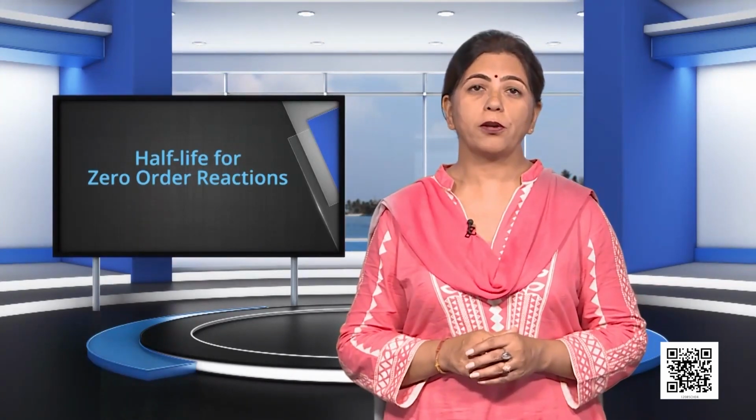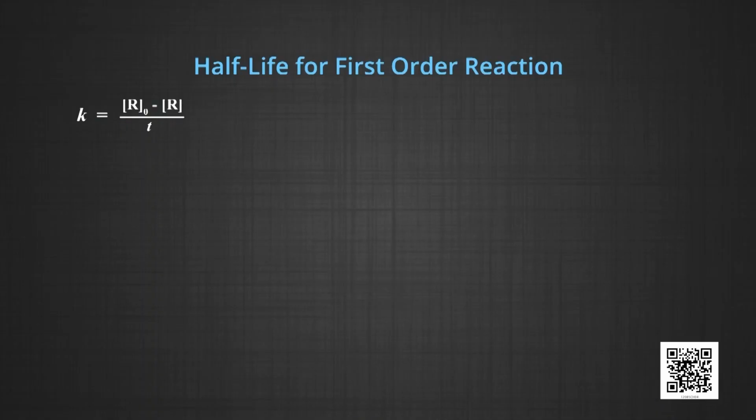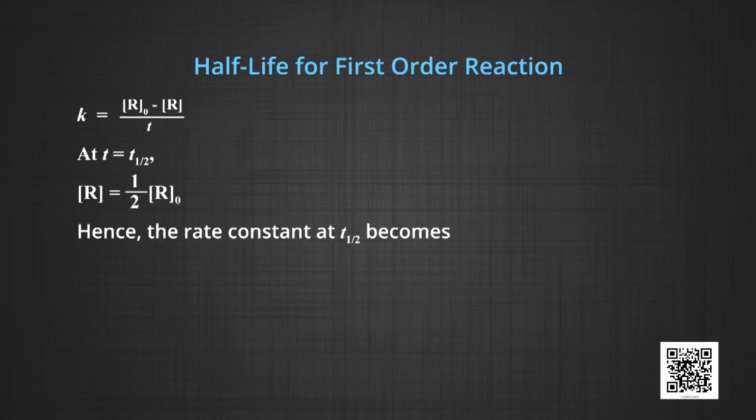Now let's calculate and find out the half-life for the zero order reaction. For a zero order reaction, the rate constant is given as k equals R0 minus R by t. At t equals t half, R is equal to R0 by 2. Hence, the rate constant at t half becomes k equals R0 minus half of R0 divided by t half.